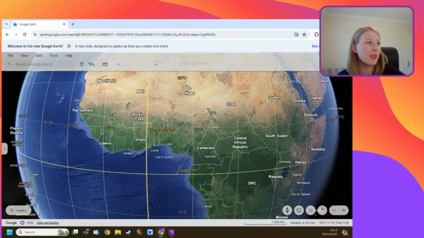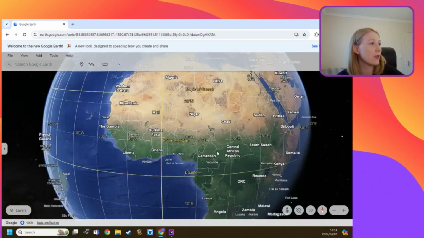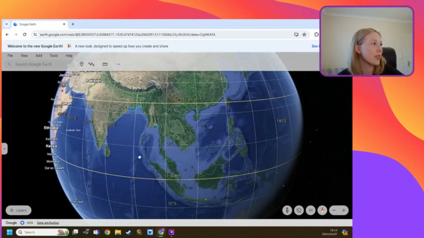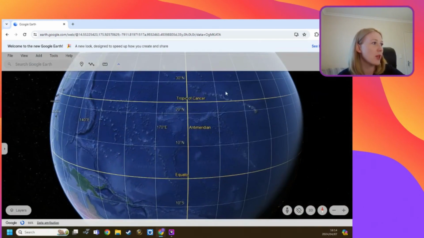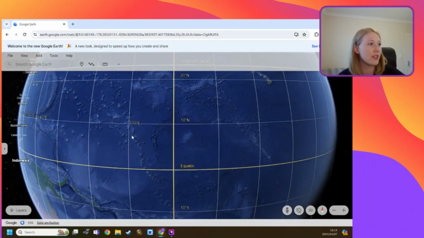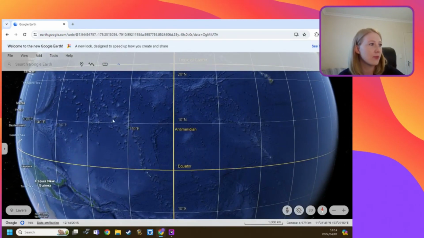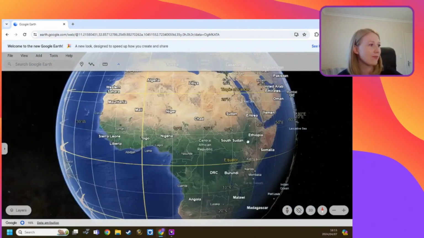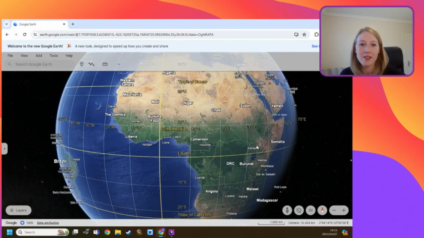So prime meridian is at 0 degrees east or west, and if we go all the way to the other side of the globe, it reaches a maximum of 180. So here you can see each line is going up by 10. It goes 150, 160, 170, and the anti-meridian is 180.